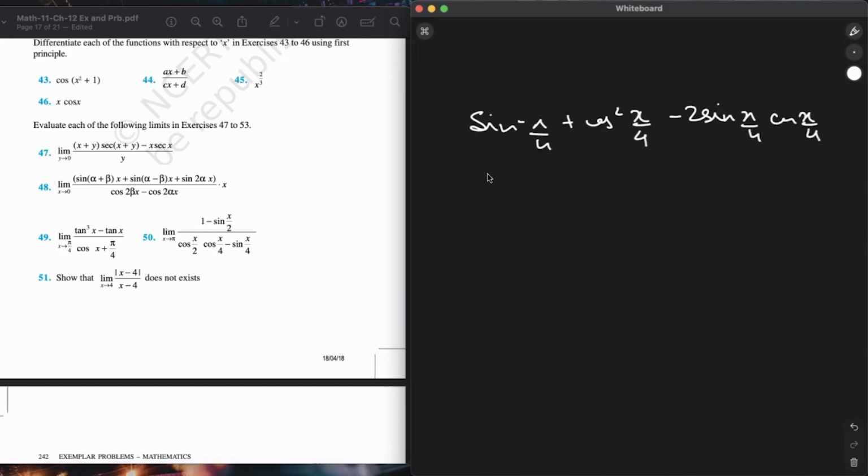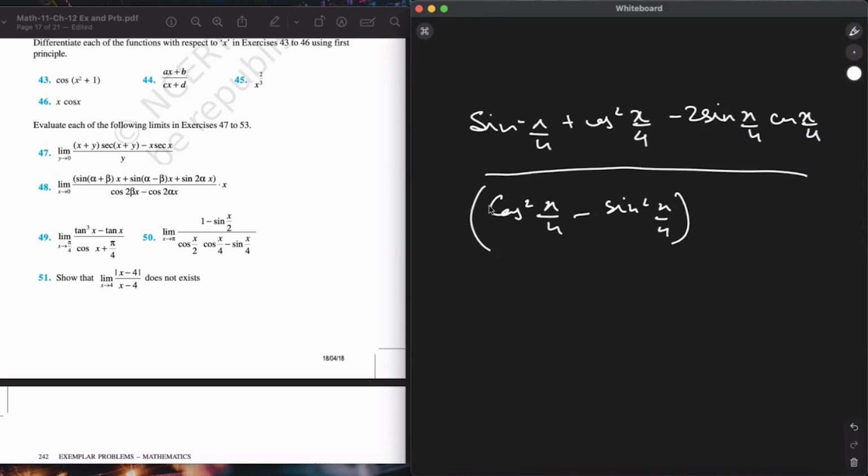And in denominator, what did I have? In denominator, I had cos square x by 4 minus sine square x by 4, and the whole thing multiplied with cos x by 4 minus sin x by 4. Yeah. So there's a larger term over here. I'll just put in that value. So now this whole term over here, this will return a value for what?